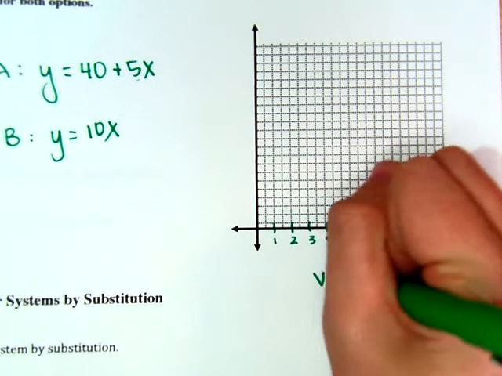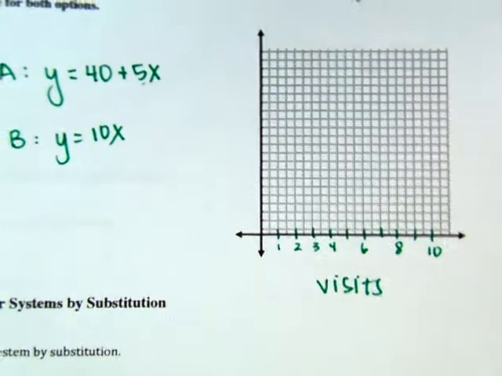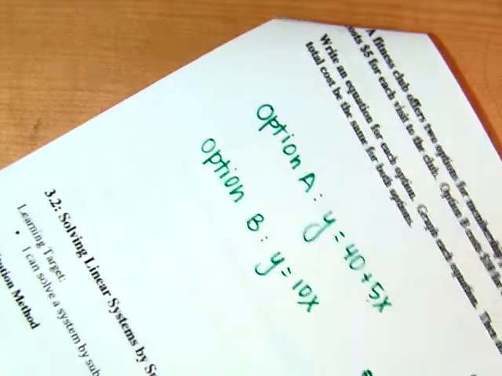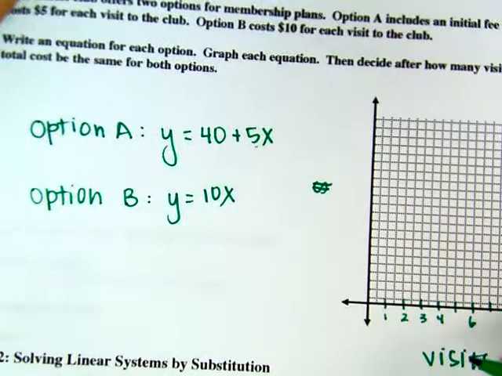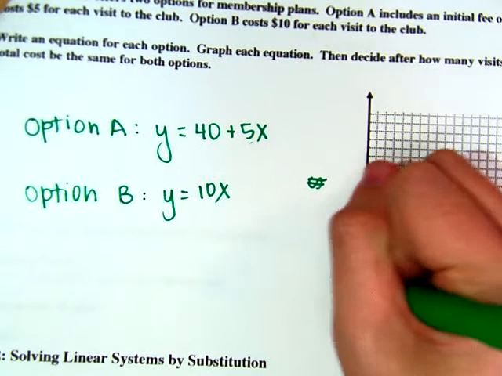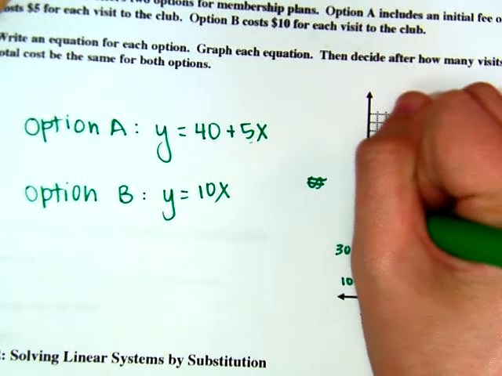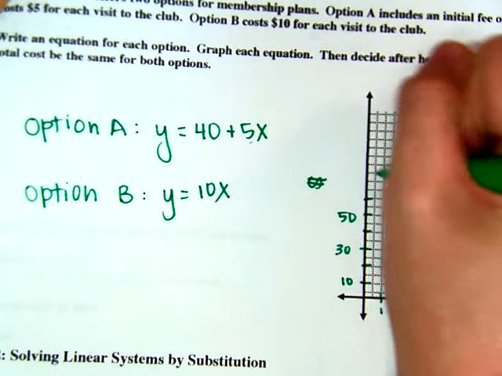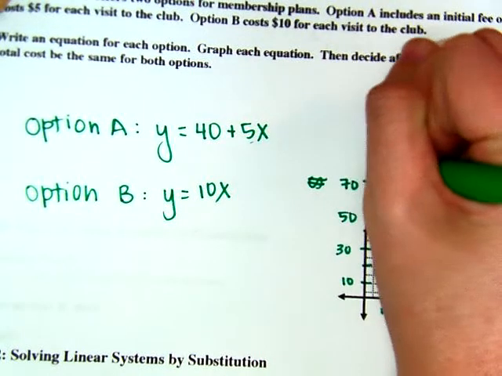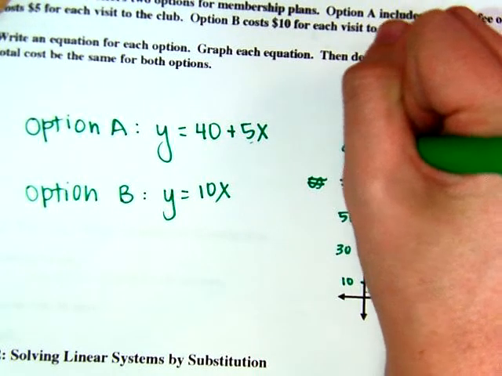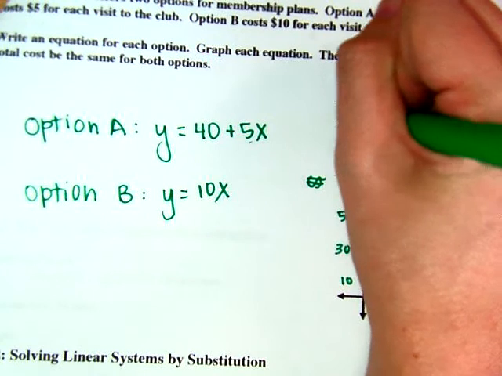This is how many visits I'm doing. My x is my visits. My y value here is my money. So let's go by tens here. 10, 20, 30, 40, 50, 60, 70, 80, 90, 100, 110.